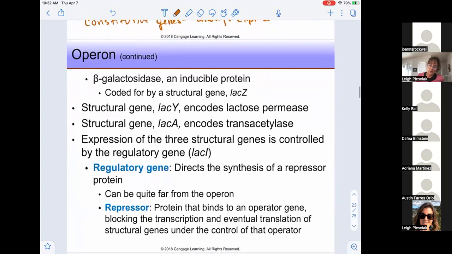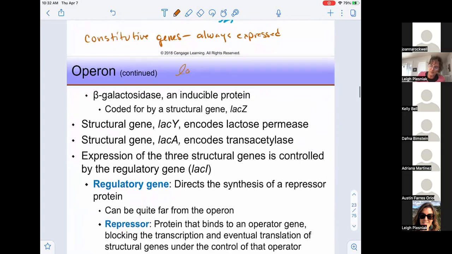Okay, so they're going to talk about the lac operon. And this is a collection of structural genes for enzymes that degrade lactose. And so the structural genes are LAC-Y, that's the name of the gene, and it codes for the protein lactose permease.